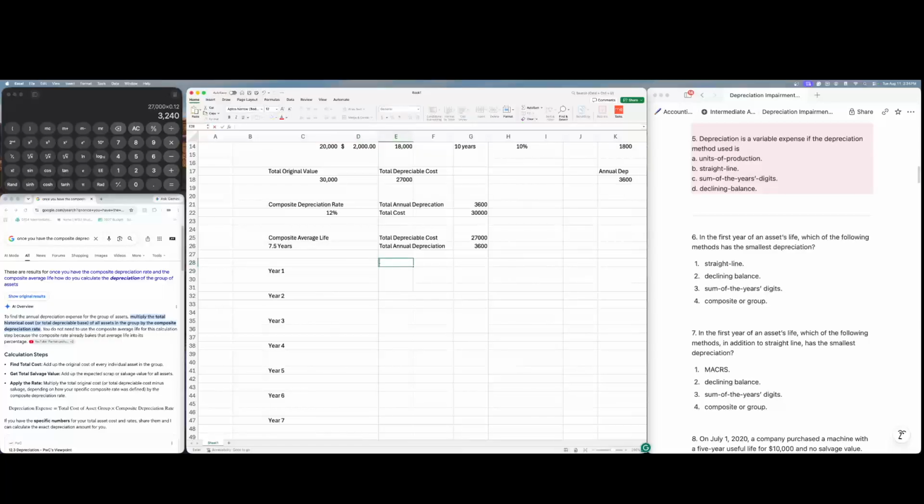We got the composite group depreciation. But the book value. So then the depreciable cost, 27,000 times 12%. Annual depreciation is 3,240.